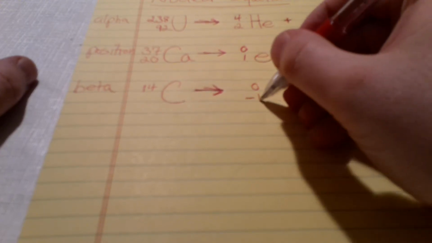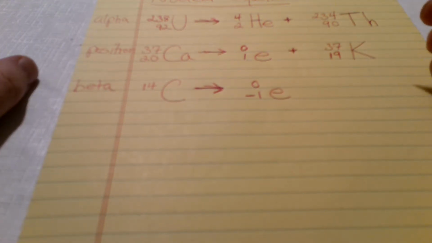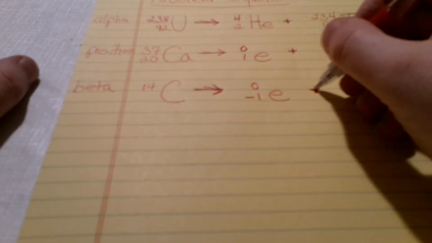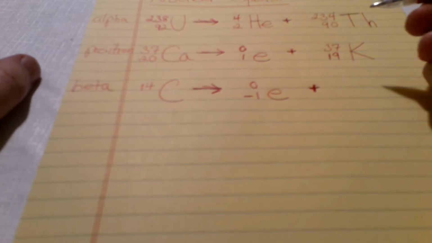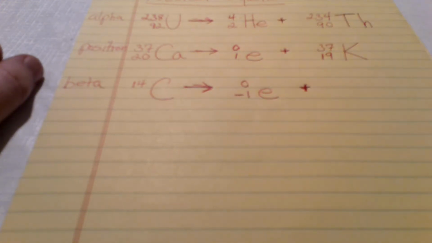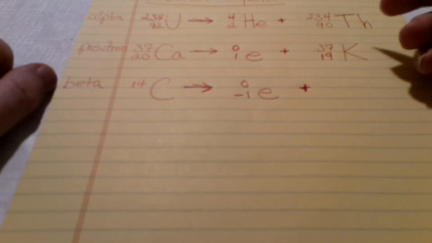Our first of many pieces, the reference table tells us, is beta, -1. And as mentioned before in a previous video, this is where it's going to get tricky. This is where you have to be very, very careful with your math. And again, with these natural decays, this is the trickiest one.